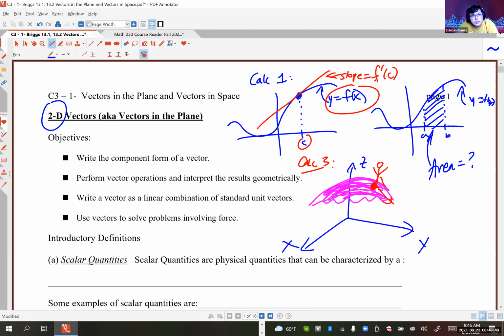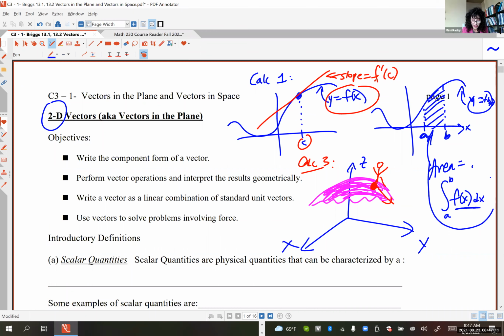By the integral. Good. You'd integrate from what to what? From a to b. Good. And then what would you put here in the integrand? Your equation, and then you end with dx or dy or something. Yeah, in this case dx, because we've got x. Yeah, so your area was an integral.